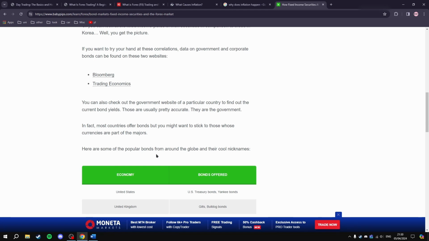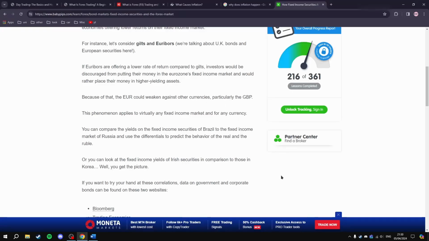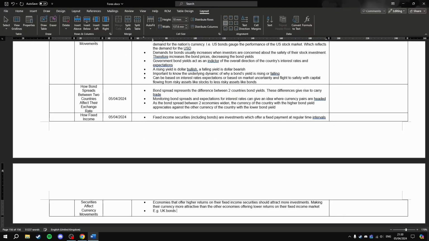Here are some of the popular bonds from around the globe and their cool nicknames. Right, okay, so, for example, UK bonds versus Euro securities.